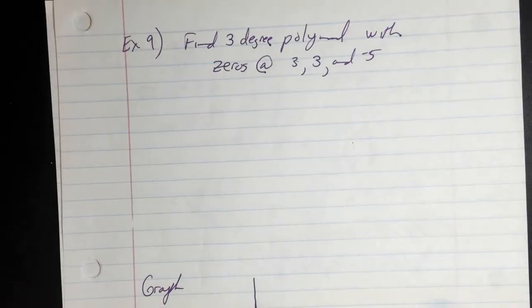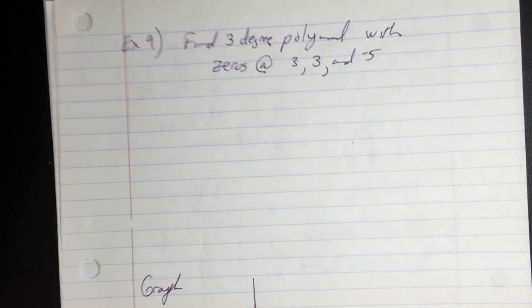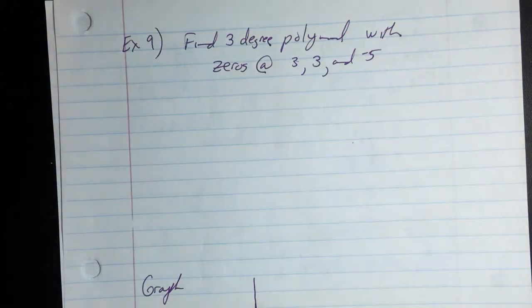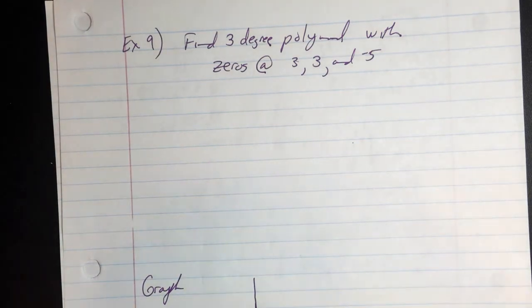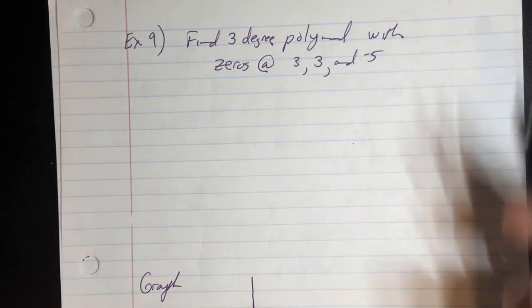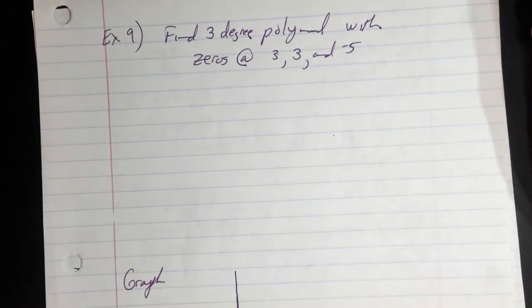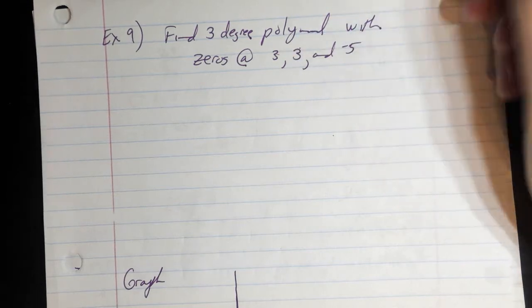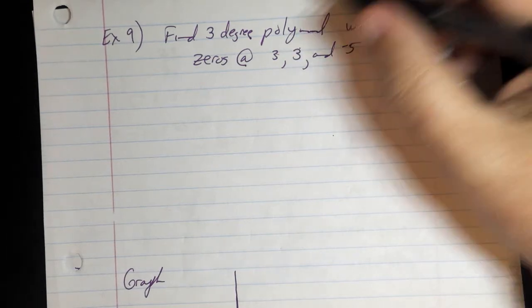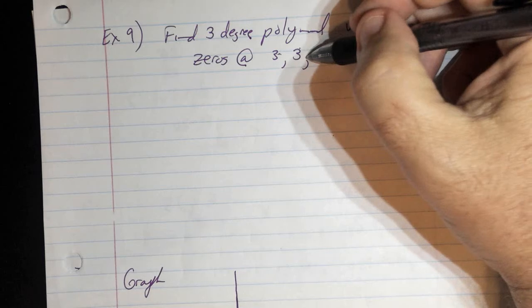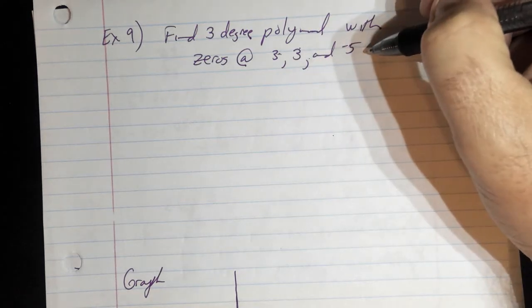Alright, so one of the last things we want to look at, and we're going to kind of combine it with the last unit too, just to have a little refresher for you, is example 9: find a 3-degree polynomial with the zeros 3, 3, and negative 5. Well, they're telling you what the zeros are. It's 3 degrees, so there are 3 solutions. Okay?